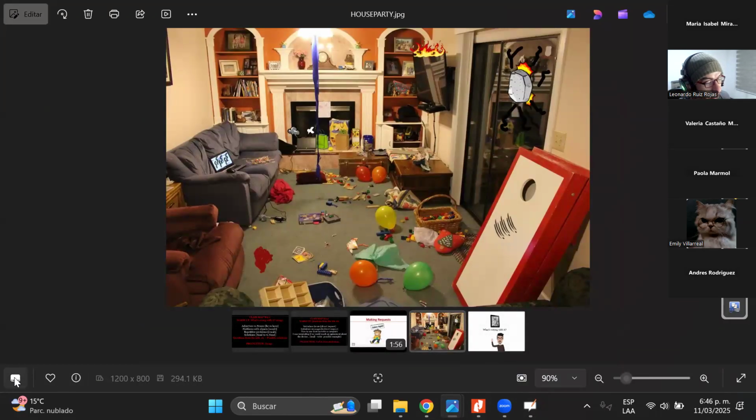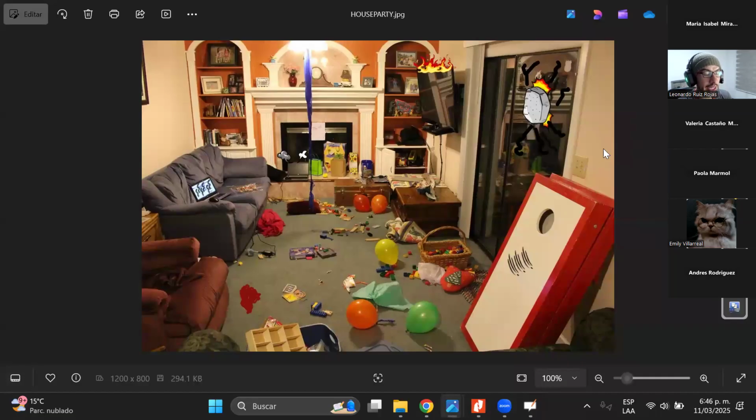Here we can see a lot of different damages in that living room, no? Tell me, my dear people, what problems do you identify here in this picture? The carpet has a red stain.